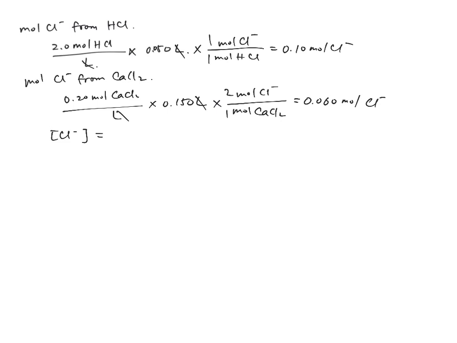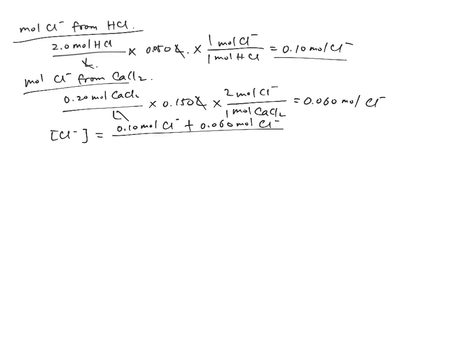Chloride ion concentration should equal the moles of chloride from HCl, so that's 0.10 mole of chloride, add the moles of chloride from calcium chloride, so 0.060 mole from the second source, and divide by the total volume, 0.050 plus 0.150 liter.